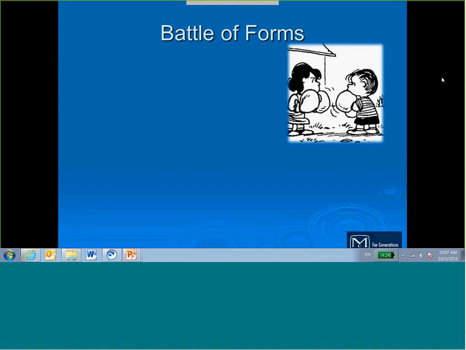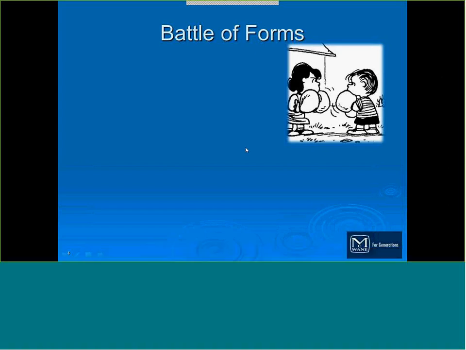Battle of forms occurs when one party sends a document over and it says sale subject to my terms and conditions, and the other party sends a response back that says, okay, we acknowledge your order, but it's subject to our terms and conditions and not yours. It's like, not yours, mine. So who wins? Well, generally, the one who has the last word wins.